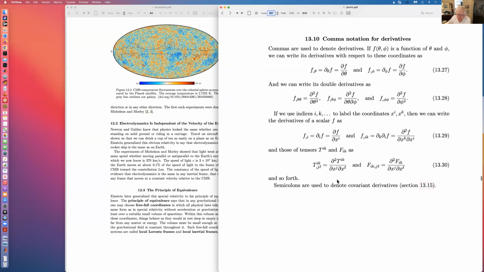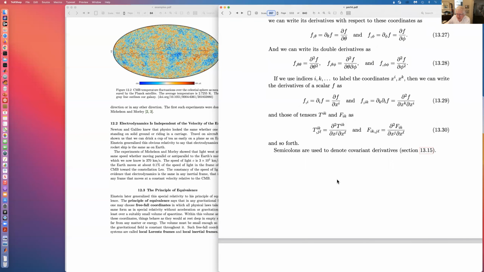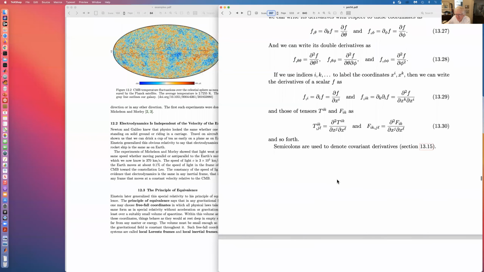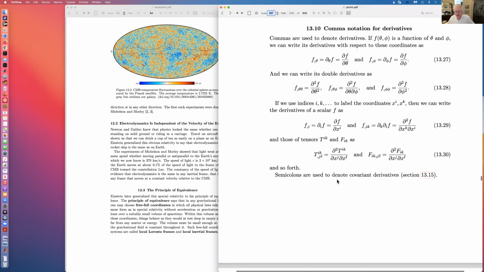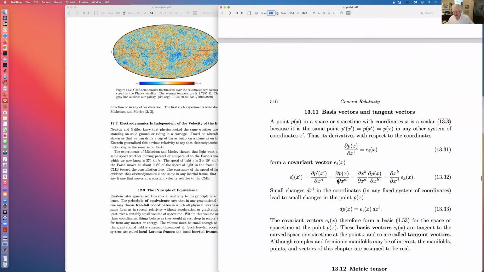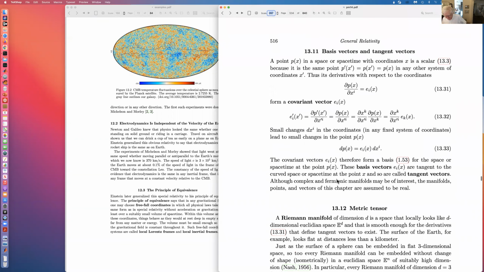As I said, I thought this was a nifty notation when I wrote the first and second editions of this book, but in retrospect, I think maybe this isn't the smartest notation. I know that the guy who wrote that quite nice book, oh damn, I can't remember, anyway, he said he wasn't much of a fan of the comma notation. Anyway, let's go on to basis vectors and tangent vectors.